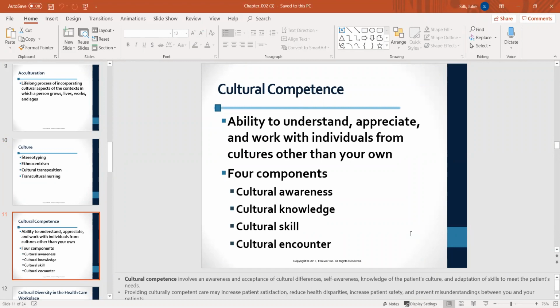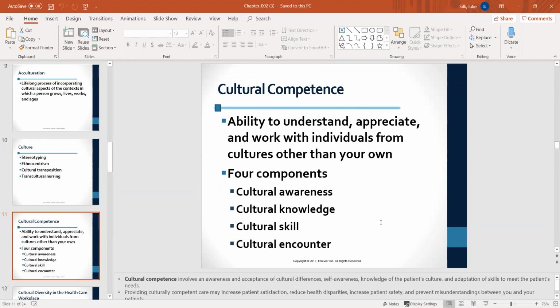So when we talk about cultural competence, again, this is our ability to appreciate other people's cultures. So to not stereotype or have a bias against something that they're doing and think that it's stupid, but everyone has some type of value for what their belief is about, you know?